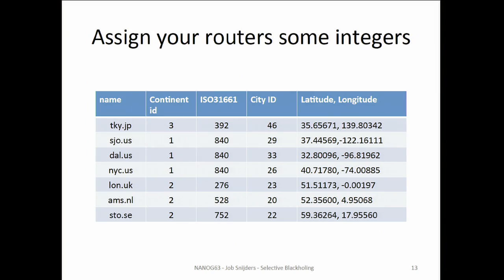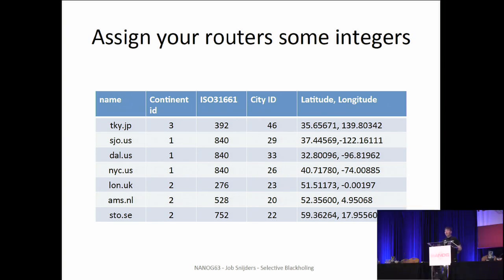The first thing you need to do is assign some integers to your routers. We define a continent ID. In this case, the Asian region is 3, America is 1, and Europe is 2. I prefer using the ISO standard for assigning country-based integers to routers.